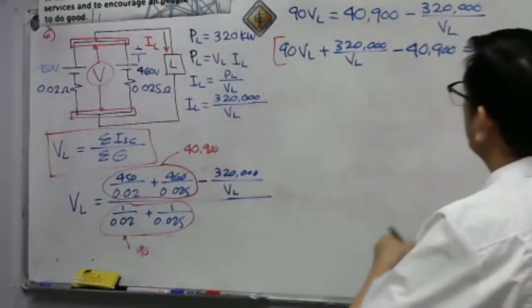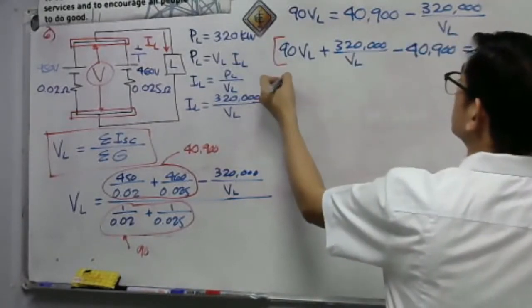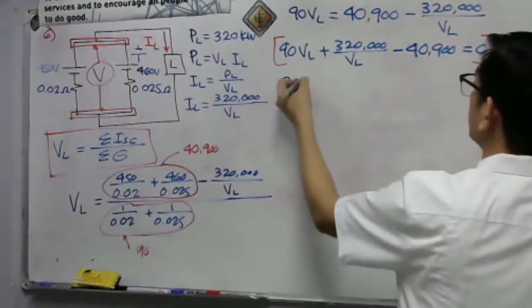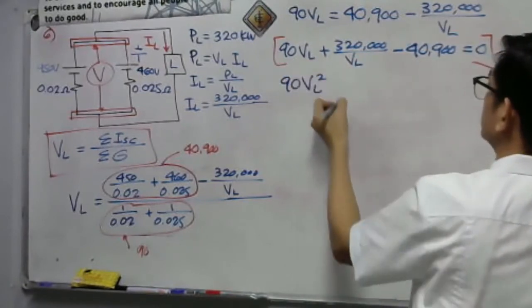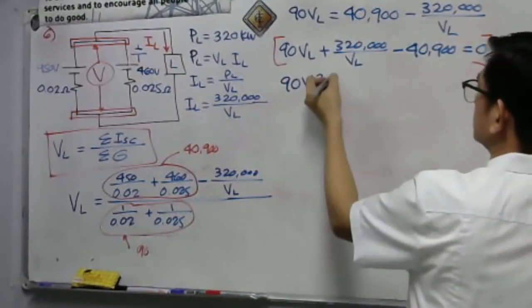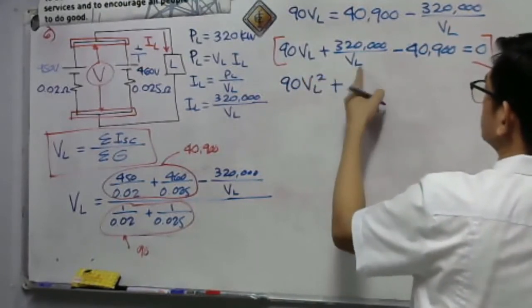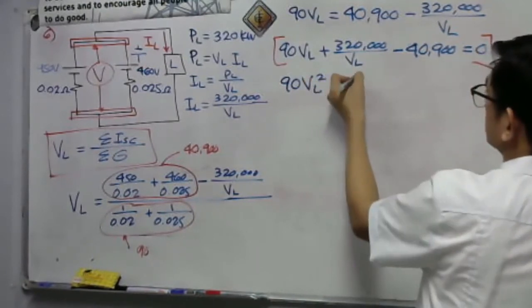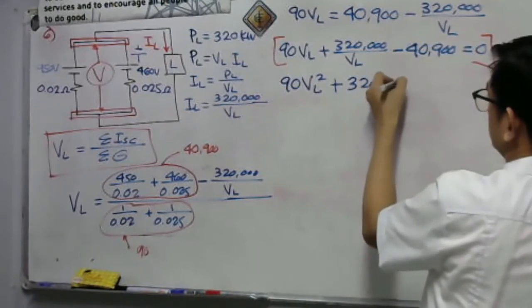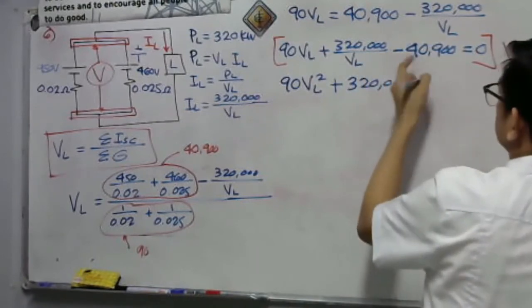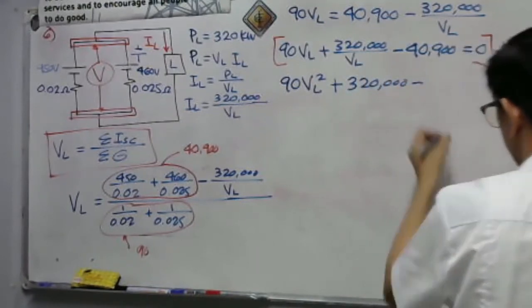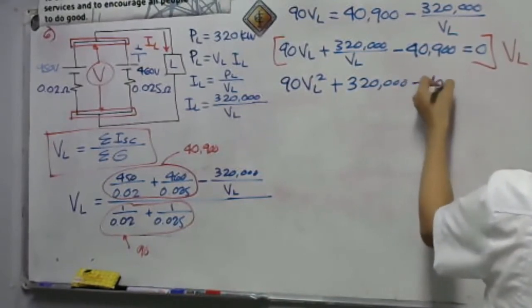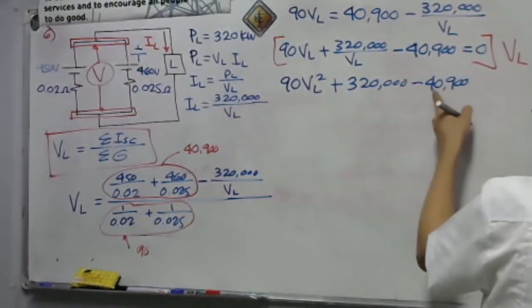So that will become 90 VL times VL, that is VL squared. What about here? We have plus this, that will just be 320,000. So this will be negative 40,900 VL.